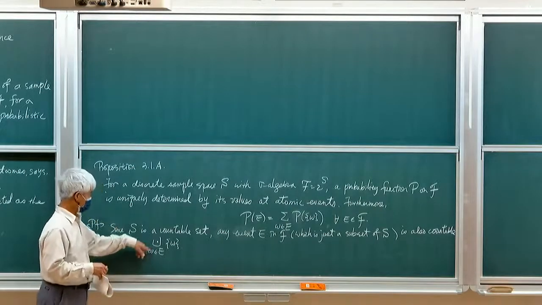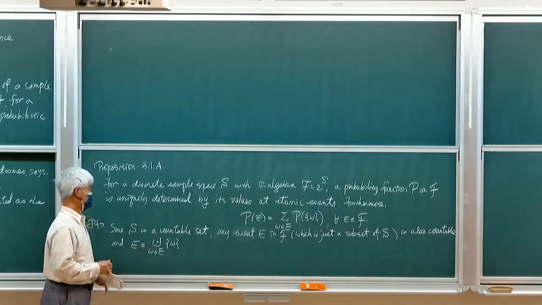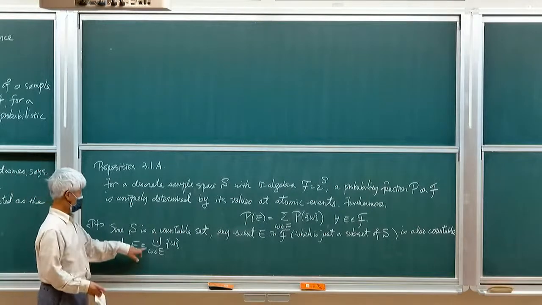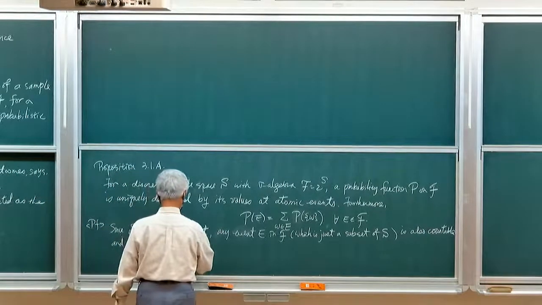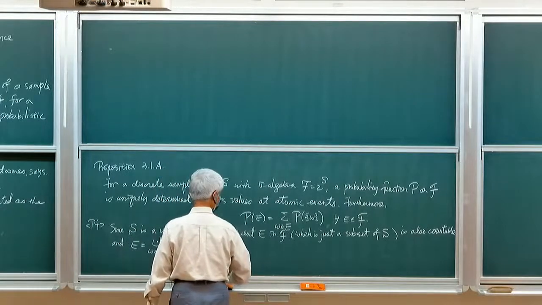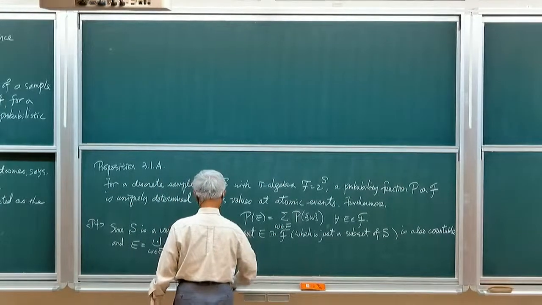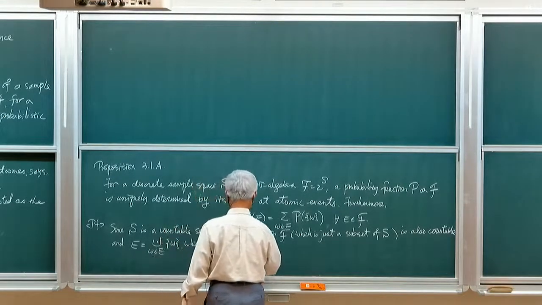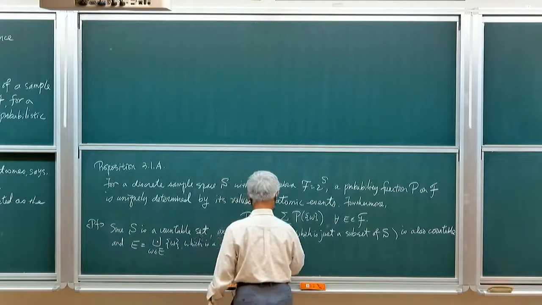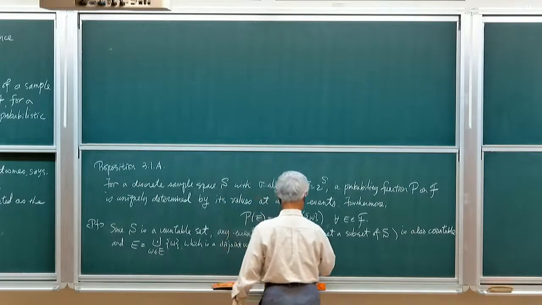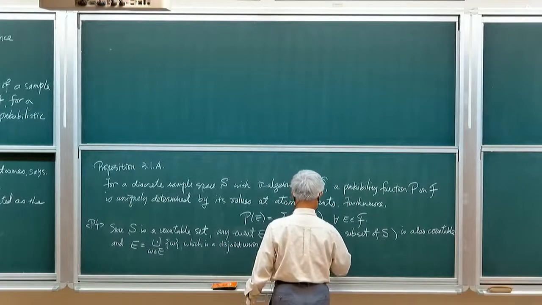And it's a union, of course. So E can be expressed as a disjoint union of countably many atomic events.